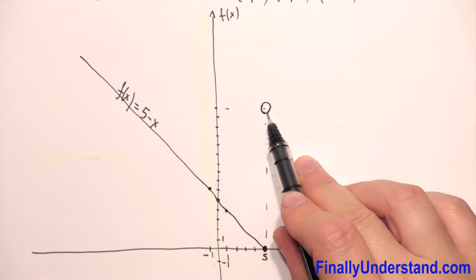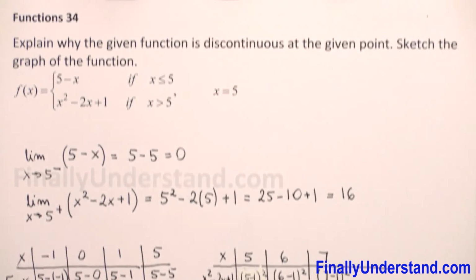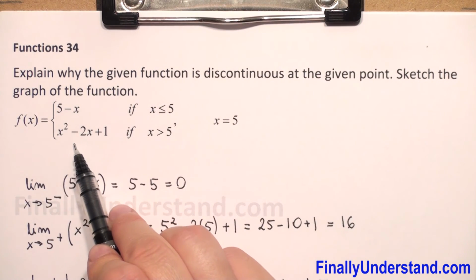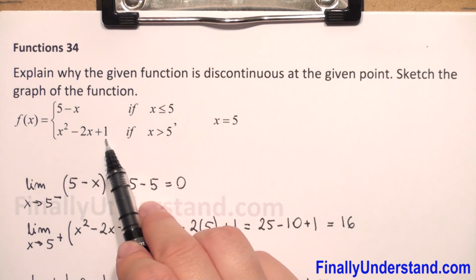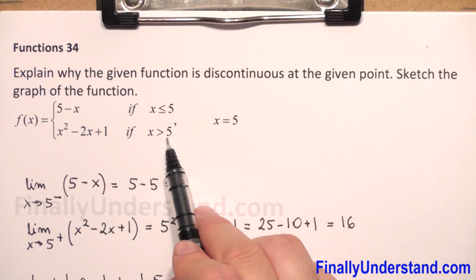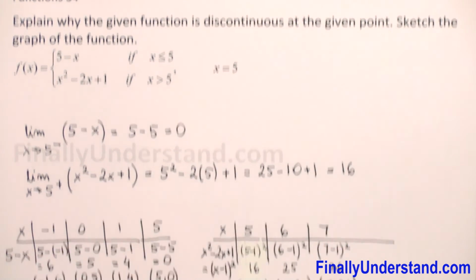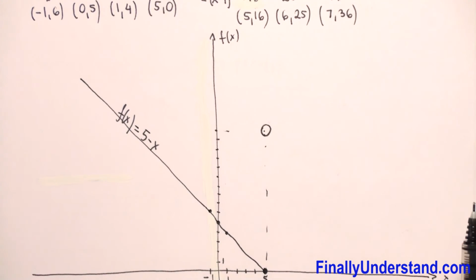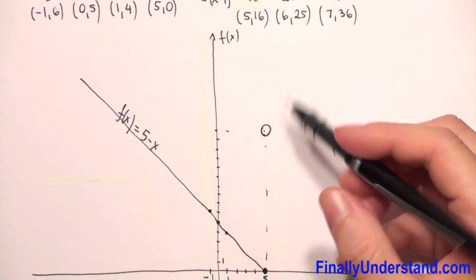That's why I draw the circle, because for the second part, x squared minus 2x plus 1, x must be greater than 5, not equal to 5. So the next point we have is (6, 25).